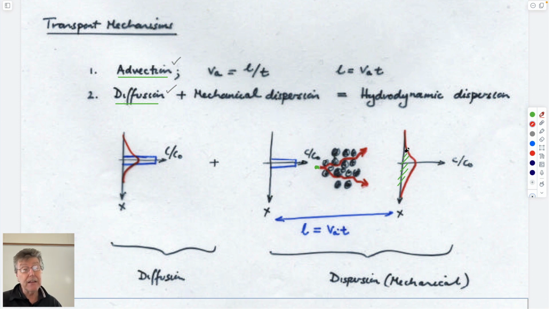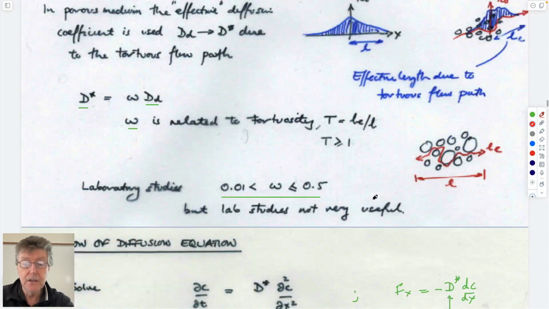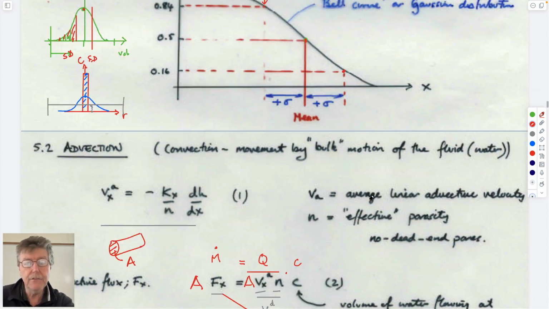We talk about the fact that diffusion appears in these systems, but there's also the effect of mechanical dispersion, which is due to mechanical mixing, which looks like diffusion, and therefore you can use the same characterization as diffusion. We describe these different behaviors.